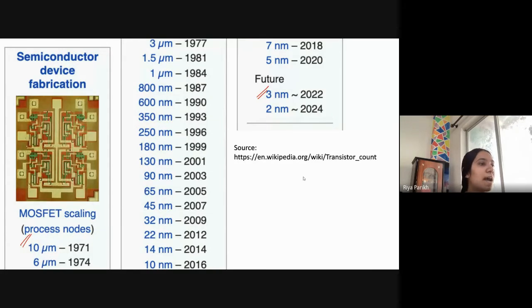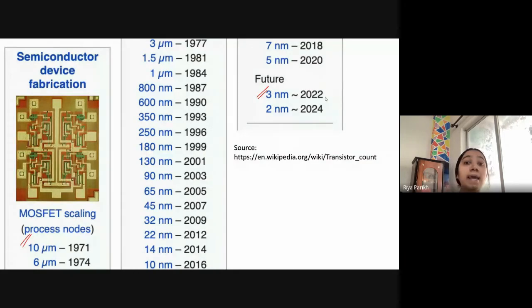But as the gradual increase goes on, you can also see that the ability to reduce the size is also reducing. So in the 1990s, in 1993, in 3 years we scaled 250 nanometers, but in these 4 years we could only scale it down to just 1 nanometer.